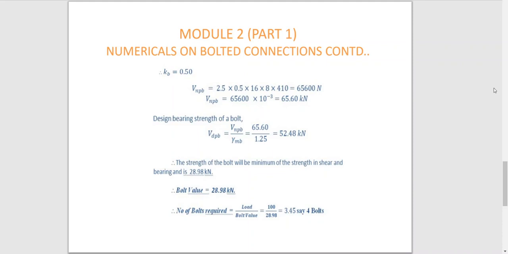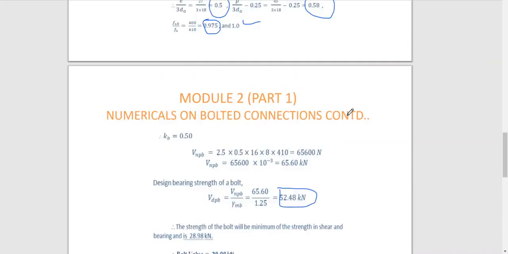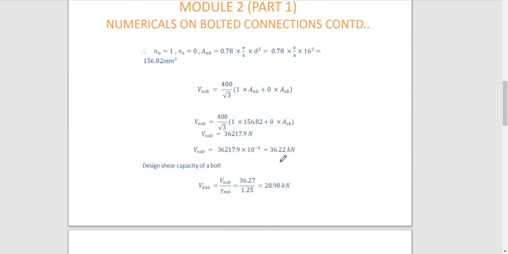Next, the strength of the bolt will be the minimum of the strength in shear and bearing, that is 28.98 kilonewton. So in bearing we got 52.48 kilonewton, and in shear we get 28.98.